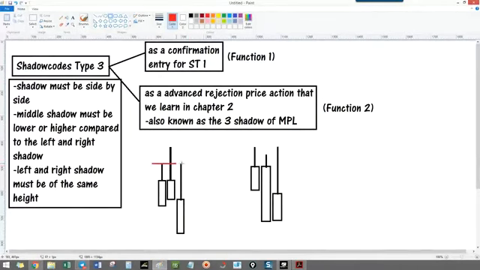This one must be of the same height. This one must be of the same height.